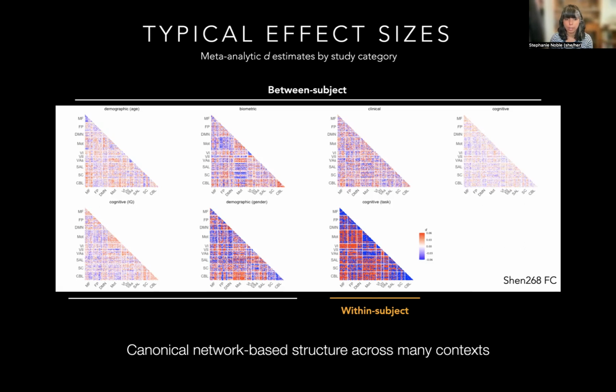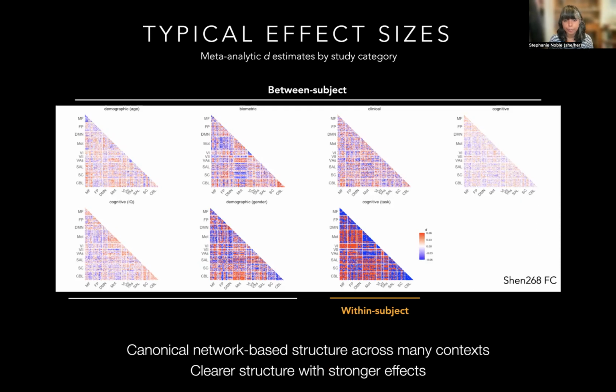Something that you can see right off the bat is that there tends to be some structure within the canonical networks across a number of different contexts. You can start to see some of that structure in the biometric category. It becomes clearer with larger effect sizes for things like the cognitive, task-based within subject context.